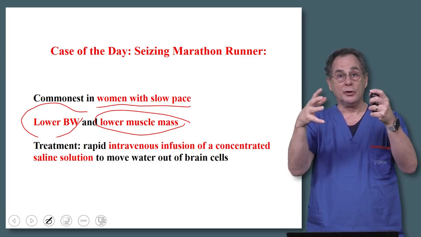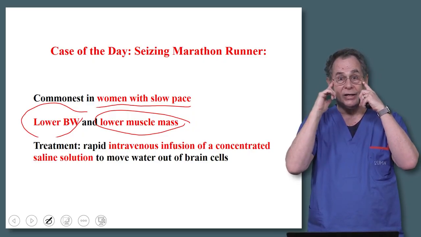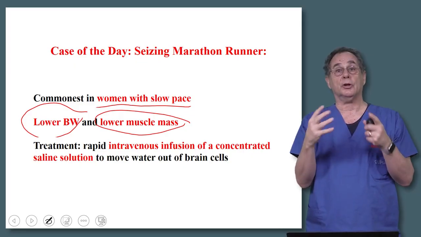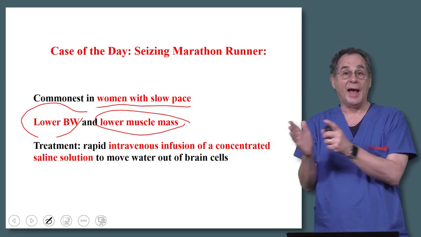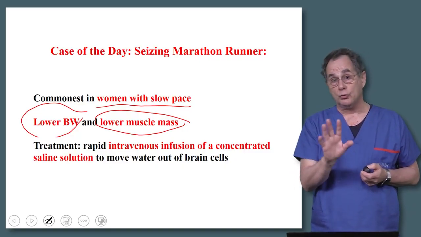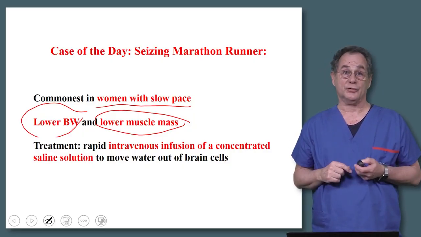And since the volume in that cell decreases, the pressure in the intracranium in the brain will decrease, and brain dysfunction will improve. And she'll go from having seizures, coma, backwards towards recovering relatively quickly. And you can do that quickly because her problem just occurred over the 5 hours of a race.